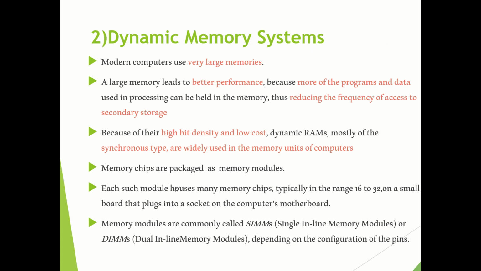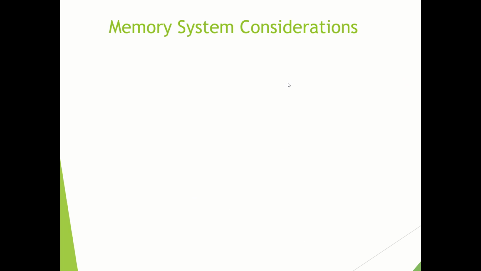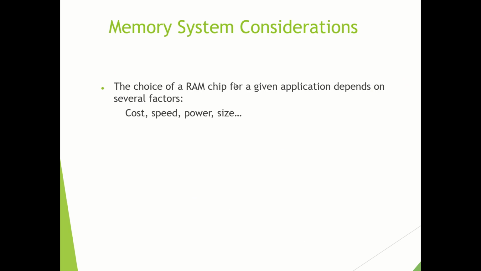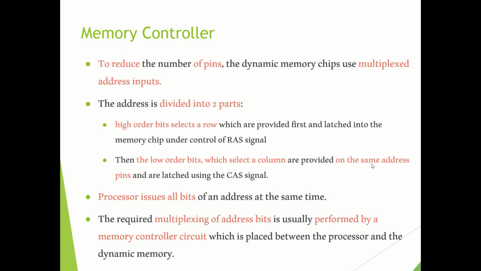We studied memory modules like SIMM and DIMM. Then, about memory system considerations, based on certain factors we can decide which type of RAM to be used. SRAM has its advantages and drawbacks, and DRAM has its advantages and drawbacks. SRAM is mainly used for cache memory, and DRAMs are mainly used for main memory.